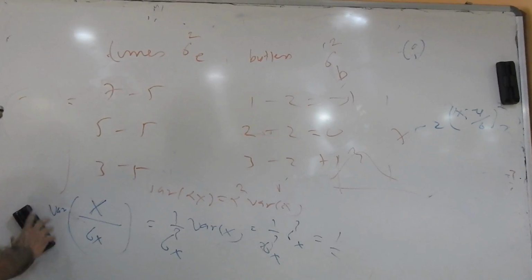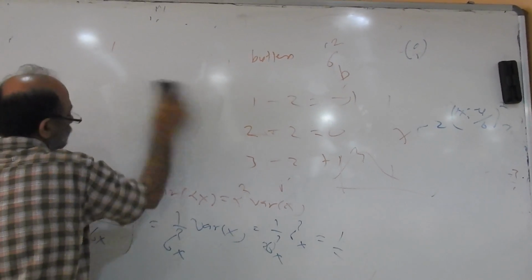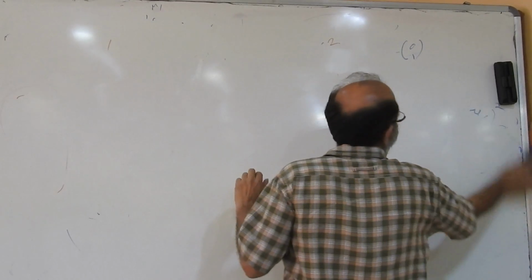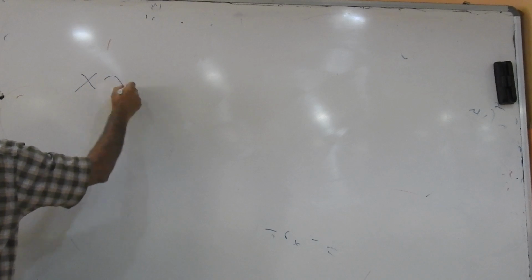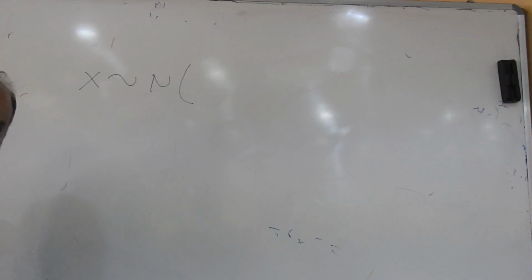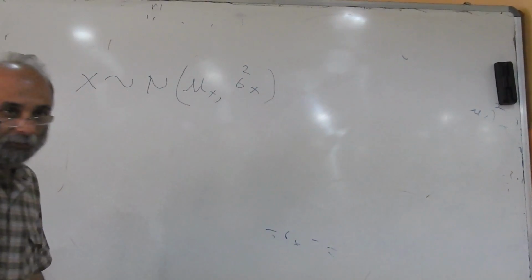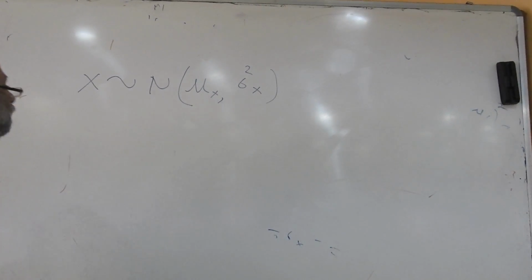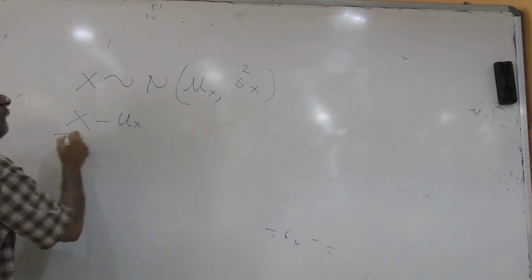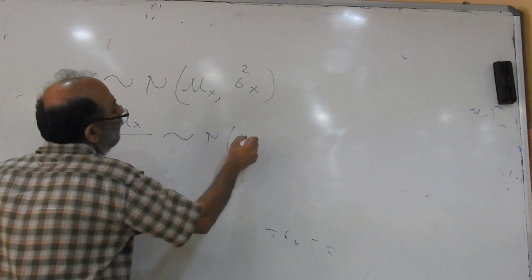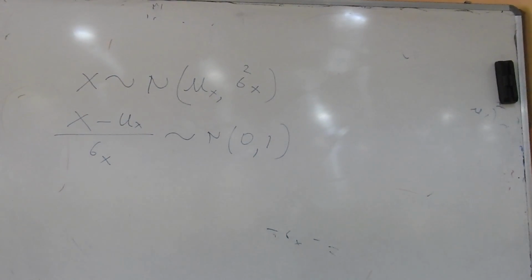To reiterate things, if x is a normally distributed random variable with mean mu x and variance sigma square x, then (x minus mean x) upon the standard deviation of x is a normally distributed random variable with mean 0 and variance 1.